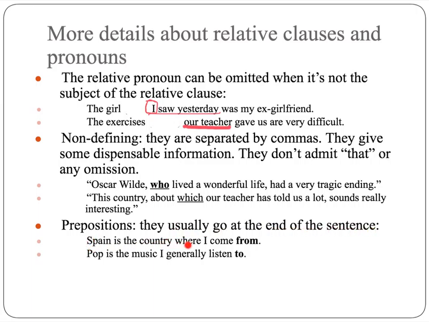Spain is the country where I come from, okay? Or pop is the music I generally listen to. Remember, prepositions usually go at the end of the sentence, except in non-defining sentences, in which they always come before the relative pronoun.